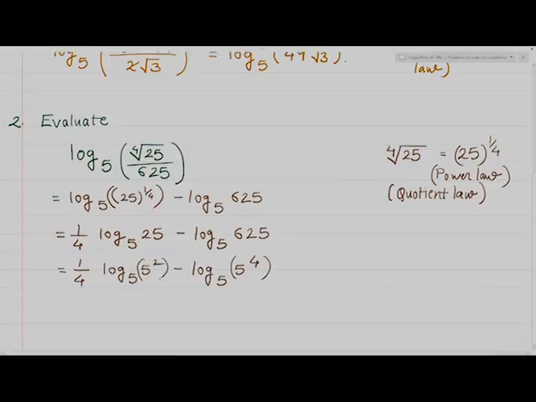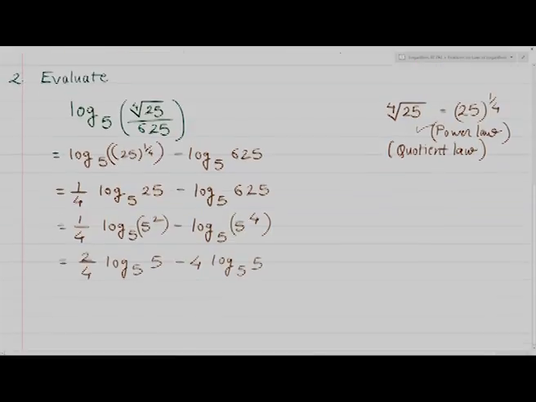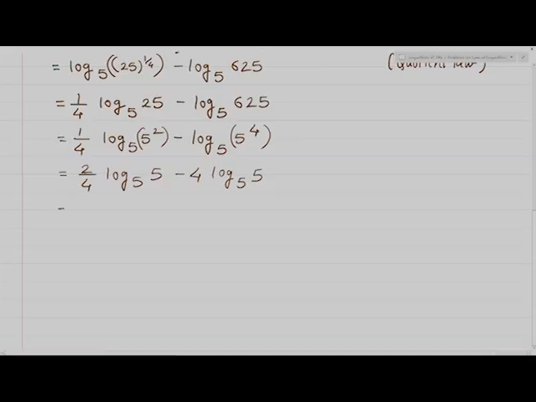If you write this expression in this form, then again I can use my power law and say that this is equal to 2 upon 4 log of 5 to the base 5 minus 4 log of 5 to the base 5. So, this is in fact equal to 2 by 4 minus 4 into log of 5 to the base 5.